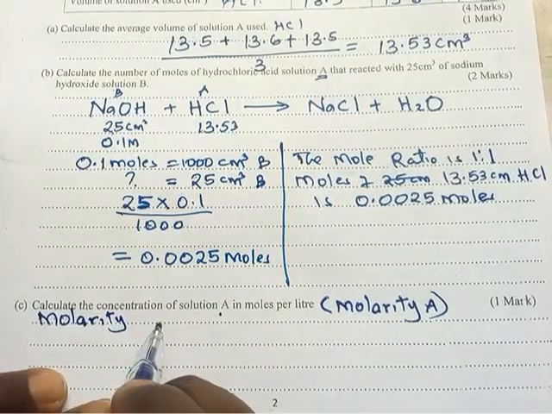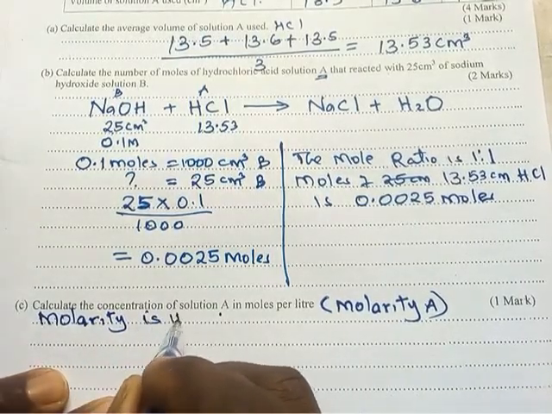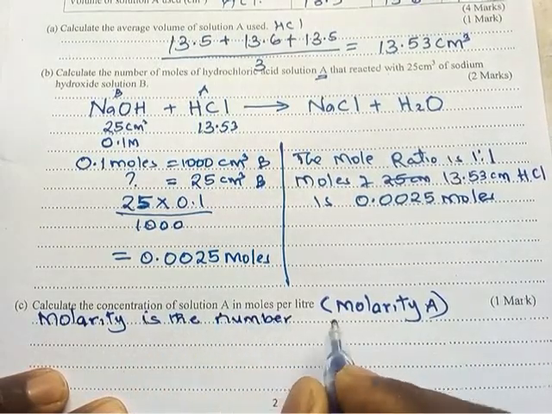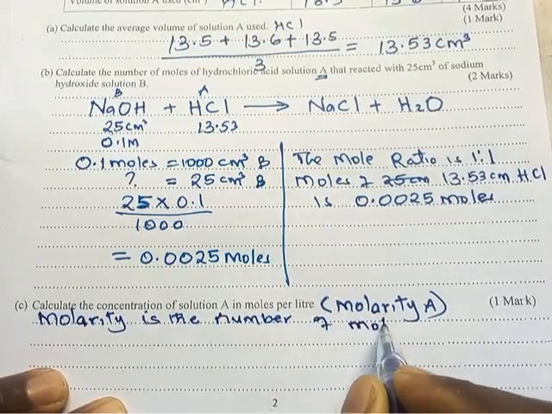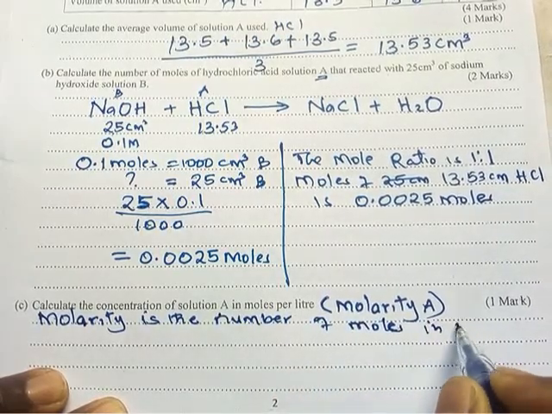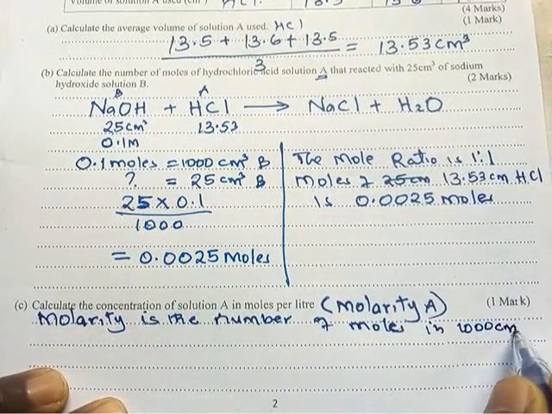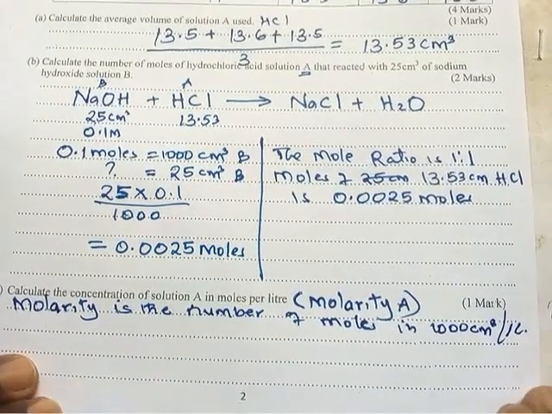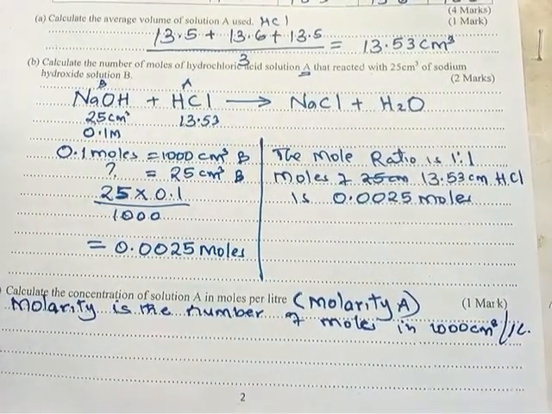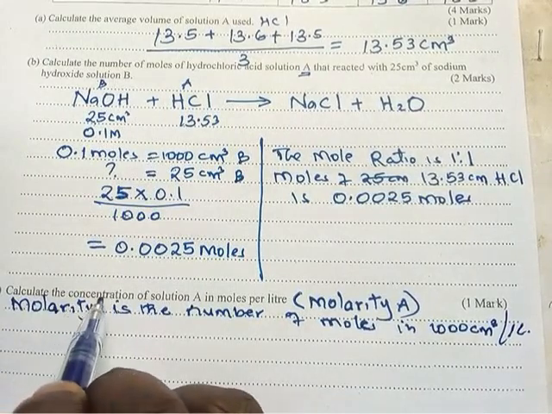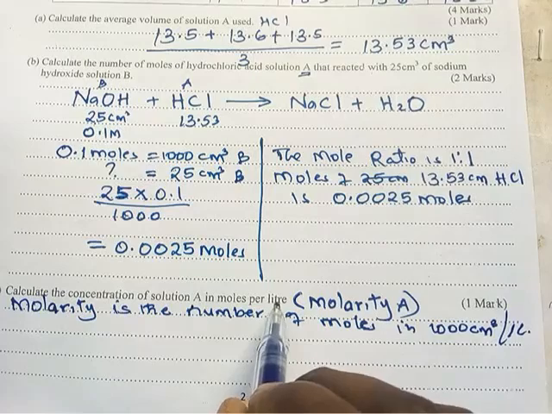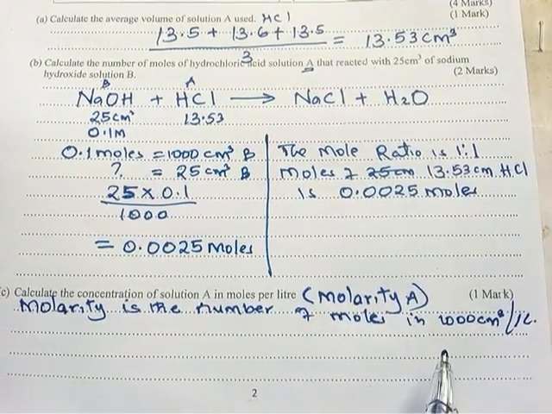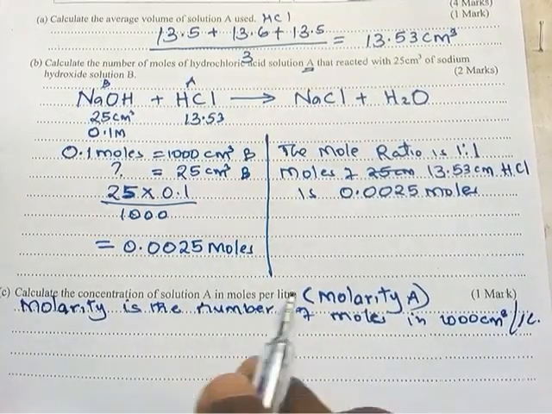Molarity is the number of moles in 1000 centimeters cube of a solution, 1 liter. So you need to know that. Therefore, whenever you hear the word concentration in moles per liter, it simply means calculate the molarity. Fine. So molarity is the number of moles in 1000.